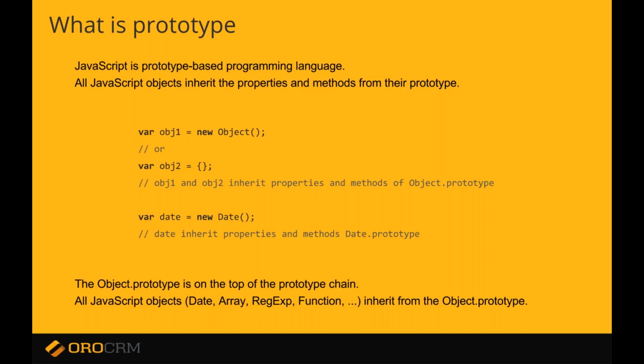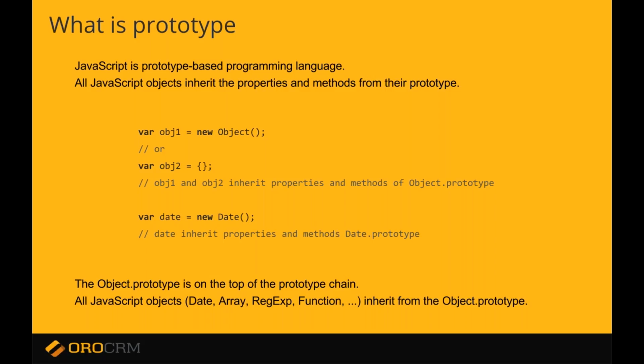And if we create an instance of Date, by calling new Date, the instance of Date will inherit properties and methods from the Date prototype. So Date is a constructor, and the constructor has an object that contains methods and properties which will be shared between instances of the constructor.